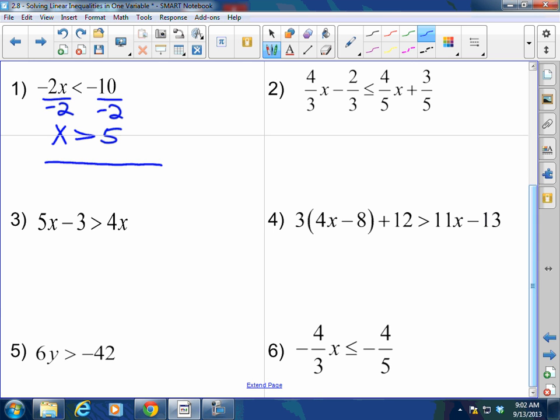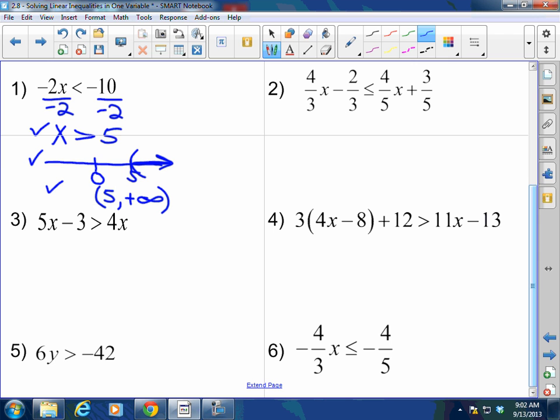So x is greater than 5, here's my 0, here's my 5, parenthesis to the right. Interval notation: small value 5 to positive infinity, which is my large value. The set builder requirement, the graph, the interval notation. Does that make sense? I divided by a negative, so I flipped the inequality.